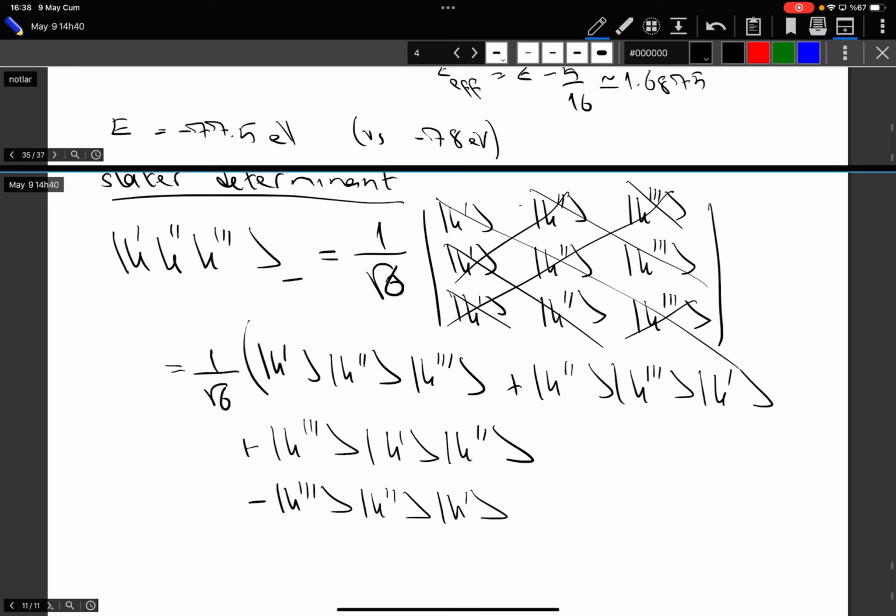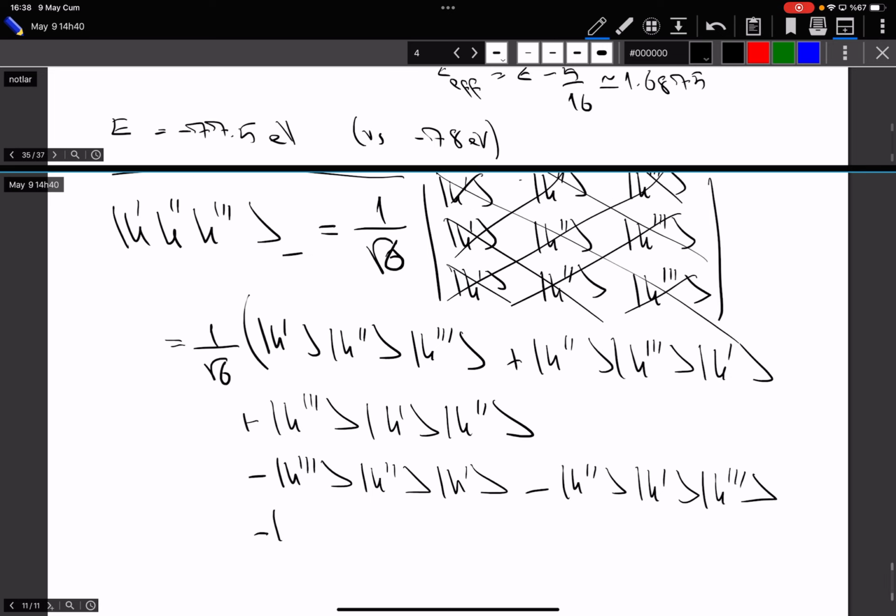And subtract these 3. And then subtract these 3. And you have to be consistent in the order of your products. Well, if you have more than 3 states, 4 states, well, you get a 4x4 matrix determinant, etc.